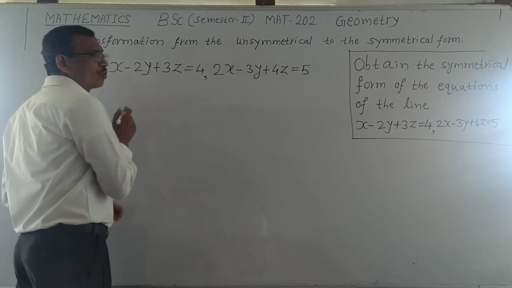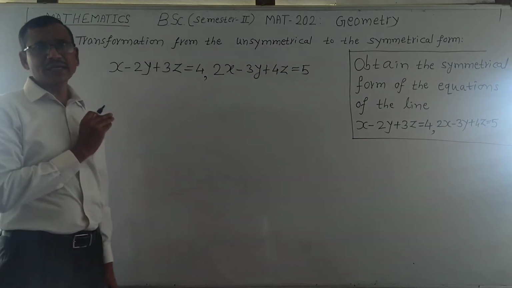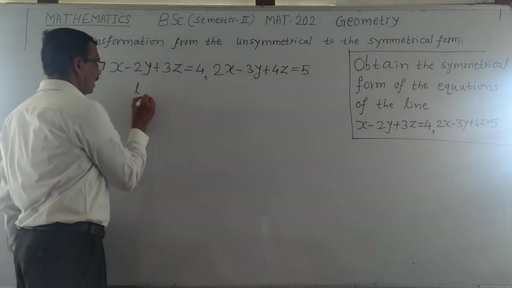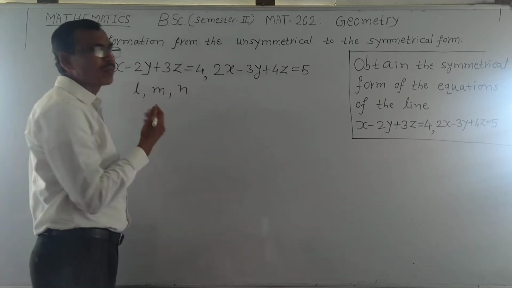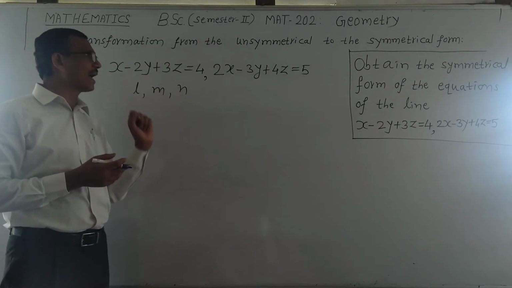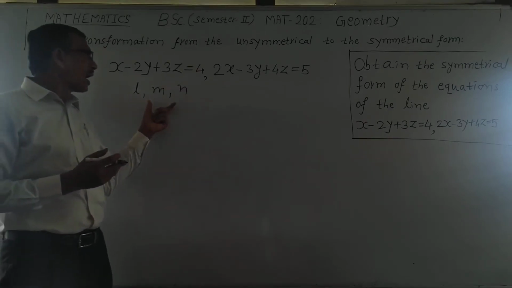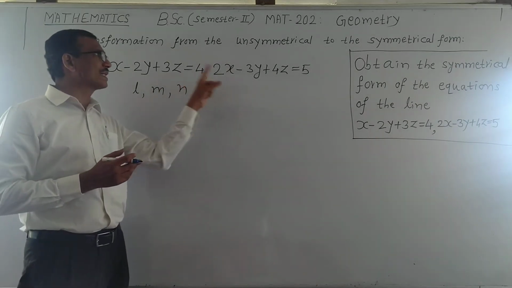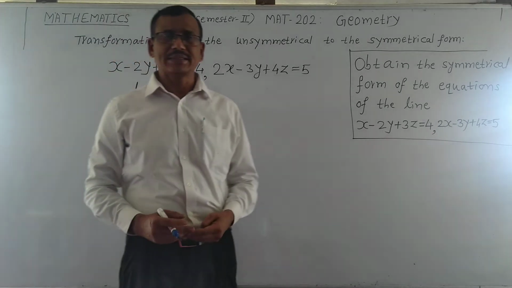To obtain the direction ratios, we first consider l, m, n to be the direction ratios of the given line. As the line is formed by the intersection of these two planes, it lies in both the planes.